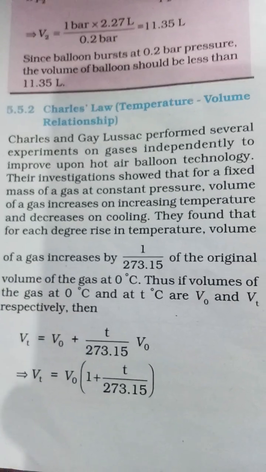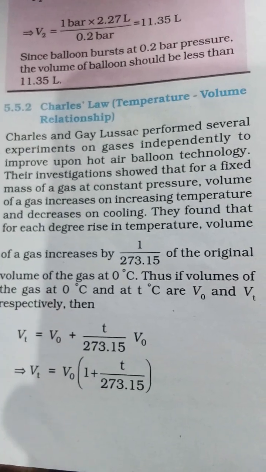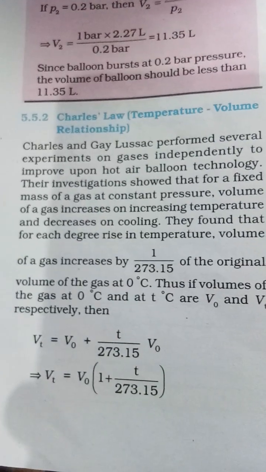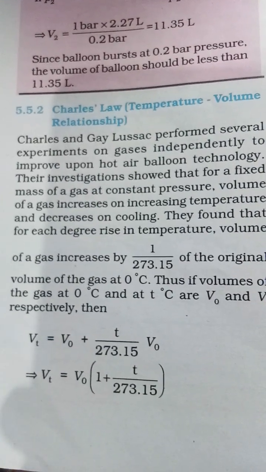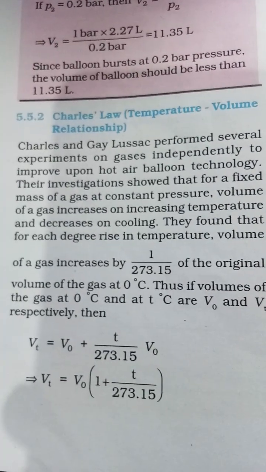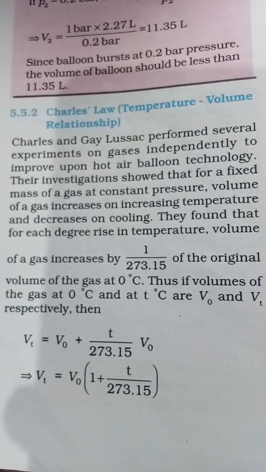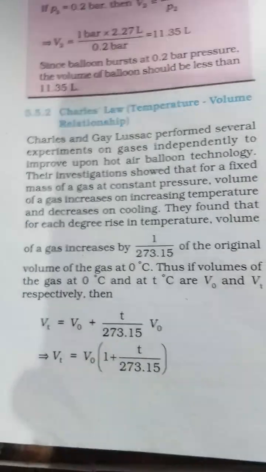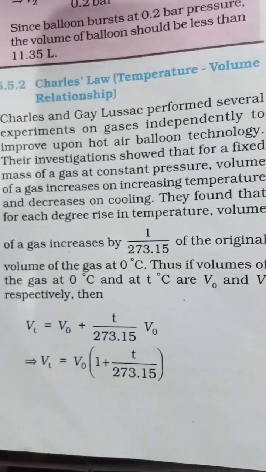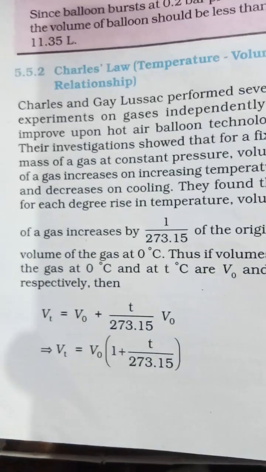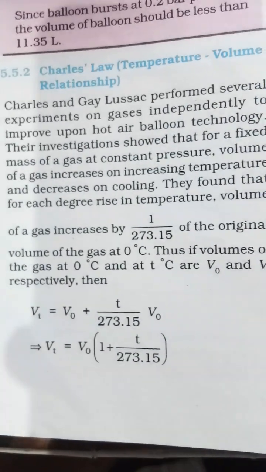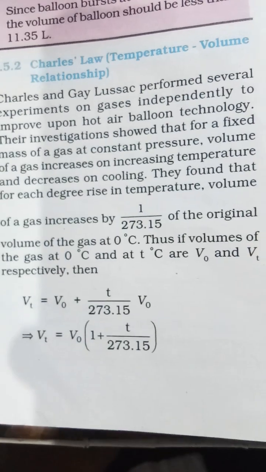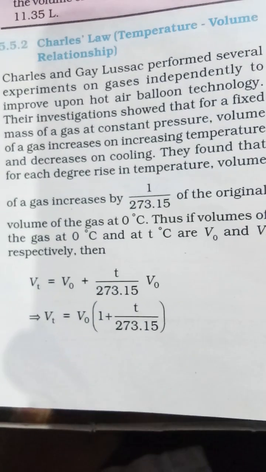Scientists found that for each degree rise in temperature, the volume of a gas increases by 1/273.15 of the original volume of the gas at 0 degree Celsius. The volumes of the gas at 0 degree Celsius and t degree Celsius are V0 and Vt respectively.